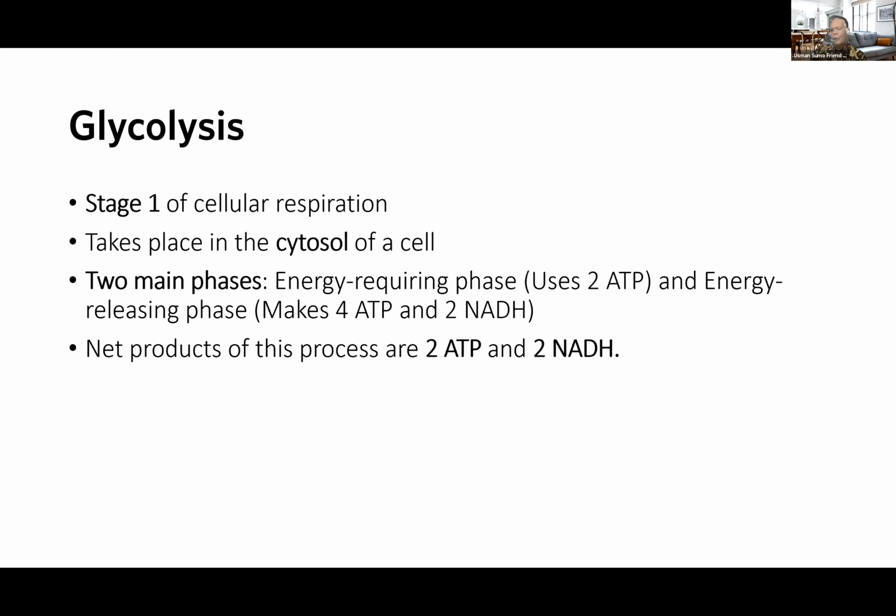Then if I ask you how many kilocalories you got from the 100 gram of glucose after the glycolysis, can you imagine and can you calculate how much you got from the 100 gram of glucose that entered the glycolysis pathway? Anybody can help me?